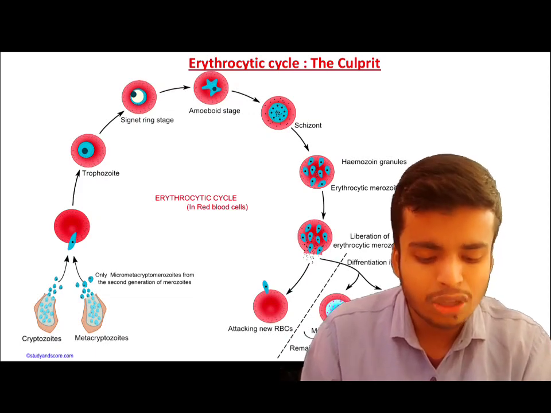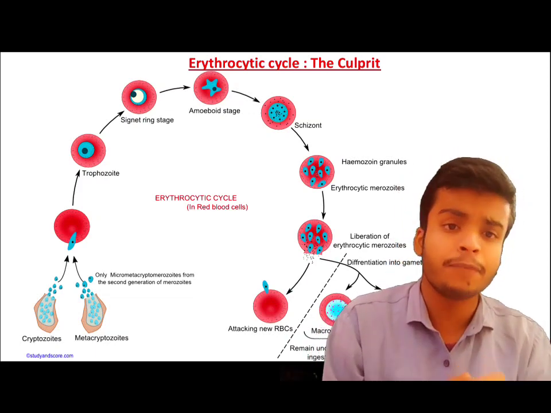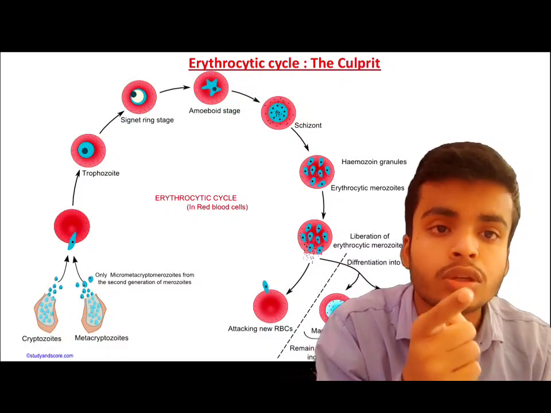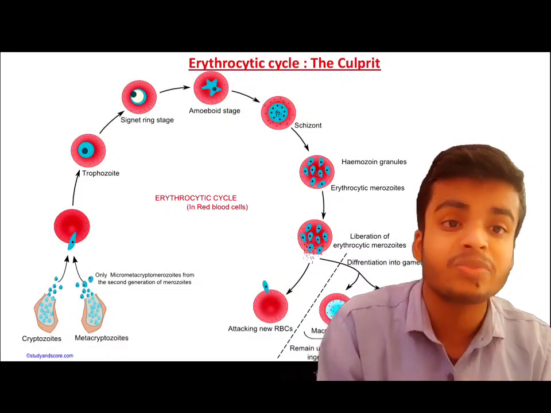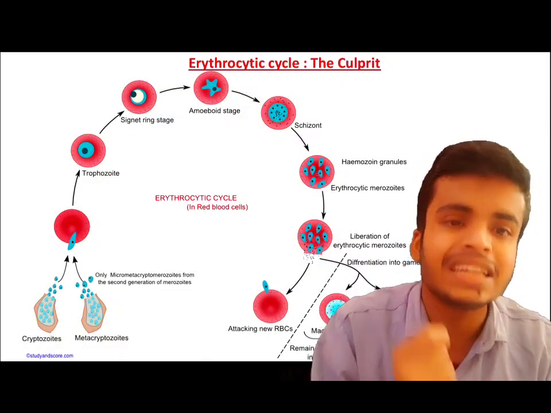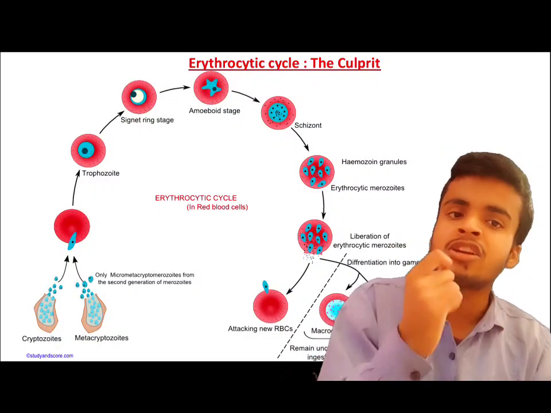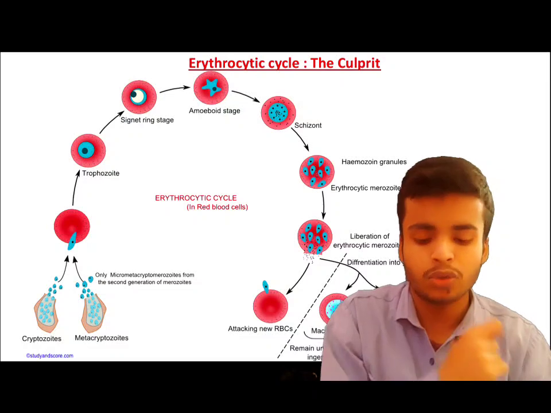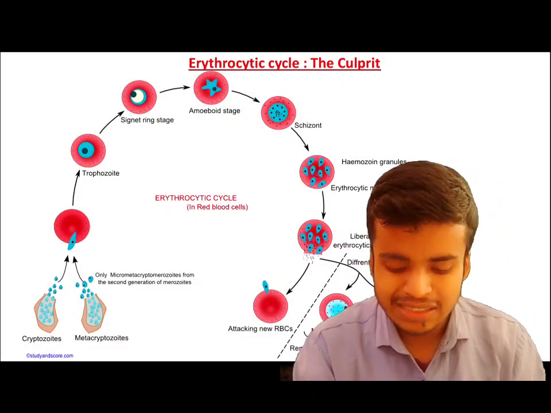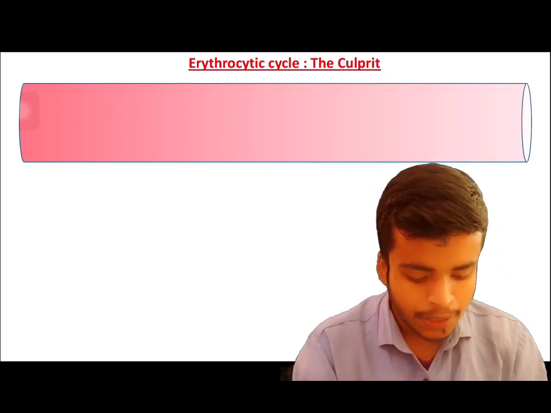This erythrocytic cycle is the culprit for your fever because it releases hemozoin. That hemozoin is responsible for chills and fever, which is the typical presentation of malaria. We will see this in the next slide in broken up form.